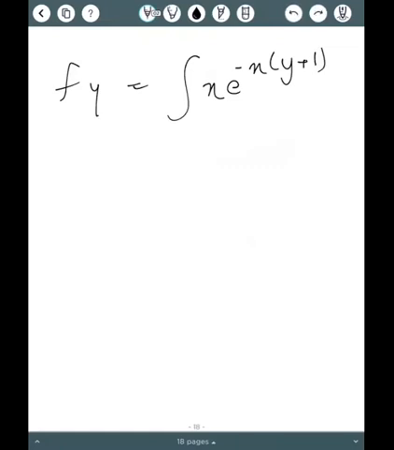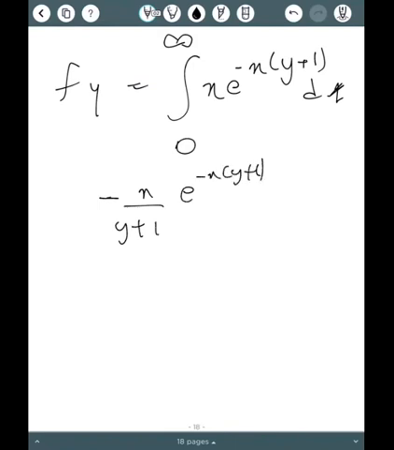And again x का भी यही था, 0 to infinity, सही है। सो अब हम लोगों ने इसको इंटीग्रेट करना है। सो इंटीग्रेट जब आप कर लोगे तो f(y) का आंसर जो आ जाएगा, so the answer would be minus x over y plus 1 e minus x y plus 1, from 0 to infinity.